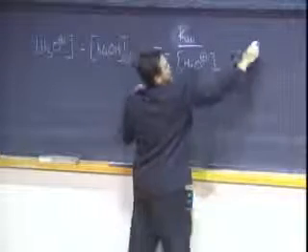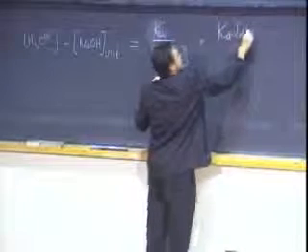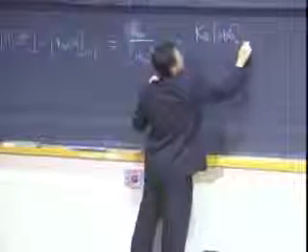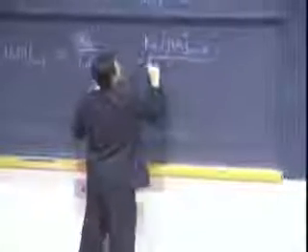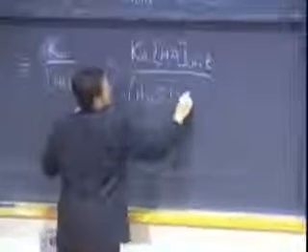And then now we have the A minus being replaced by Ka HA initial all over H3O plus Ka.